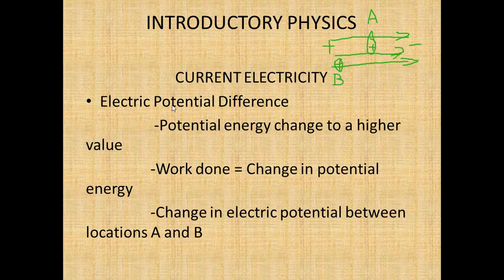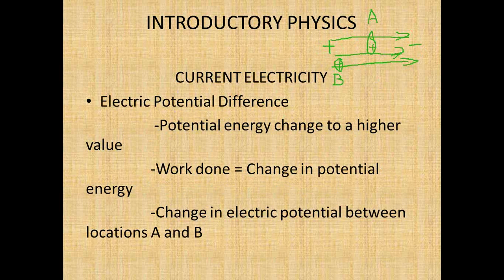So when we talk about electric potential difference, it is the potential energy change to a higher value. Okay? So we're moving from a low potential energy to a high potential energy. Work has to be done.